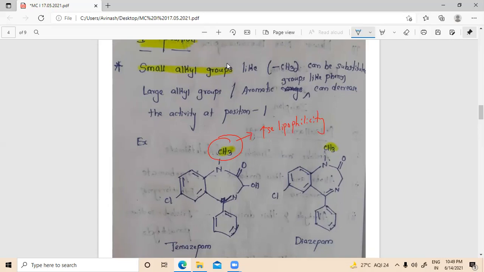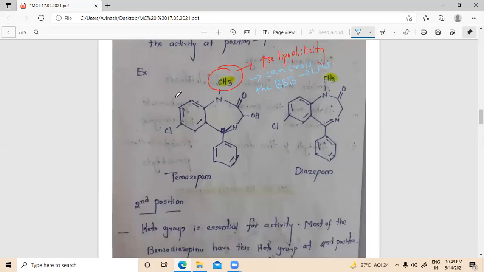So the introduction of small alkyl groups can increase the lipophilicity, therefore it can cross the blood-brain barrier and reach the central nervous system to show its biological activity.